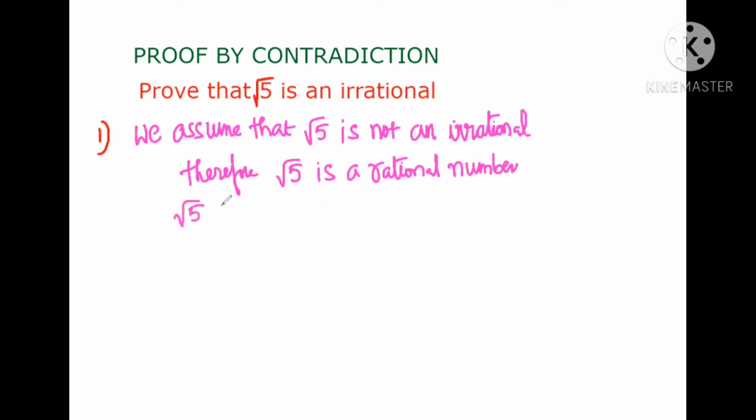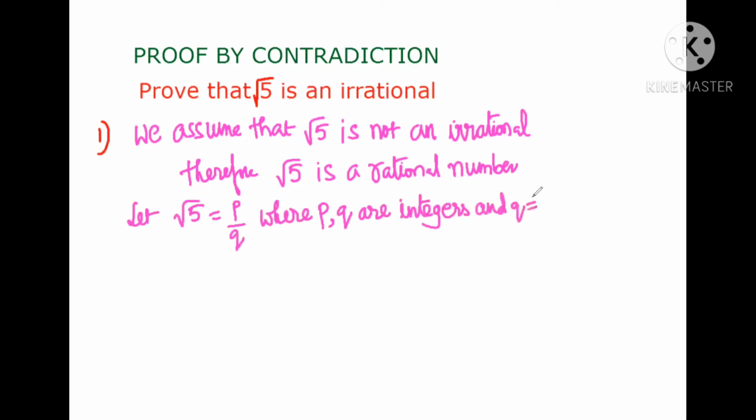Let root 5 is equal to p by q, where p comma q are integers and q is not equal to 0. It is a rational number in the form of p by q, where q is not equal to 0.